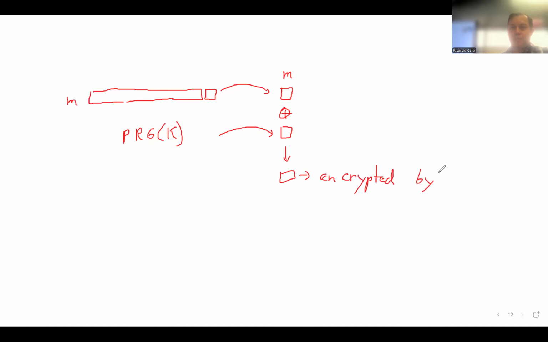Byte of data, so 8 bits. And then you're going to call the other one, well, this is the plain text byte. And we have the pseudo-random byte, let's call it.